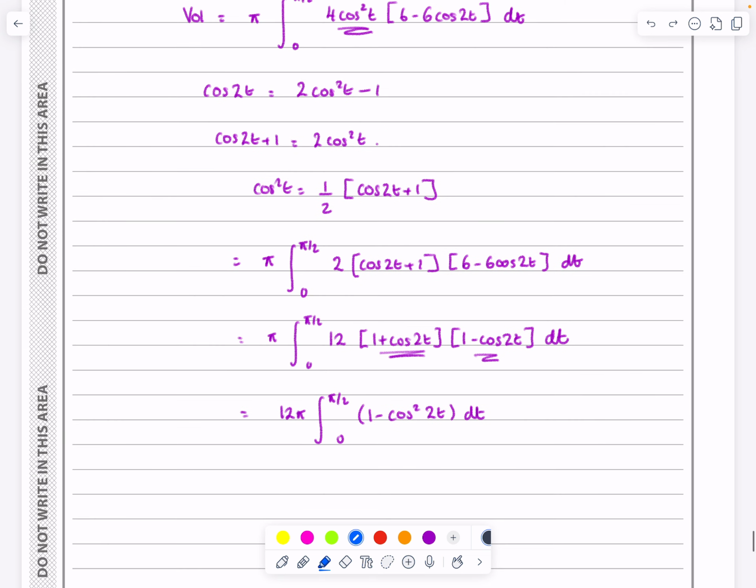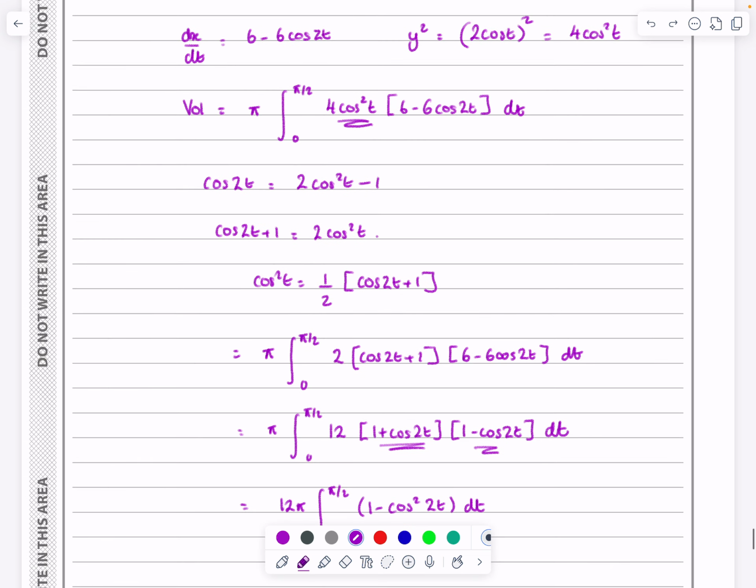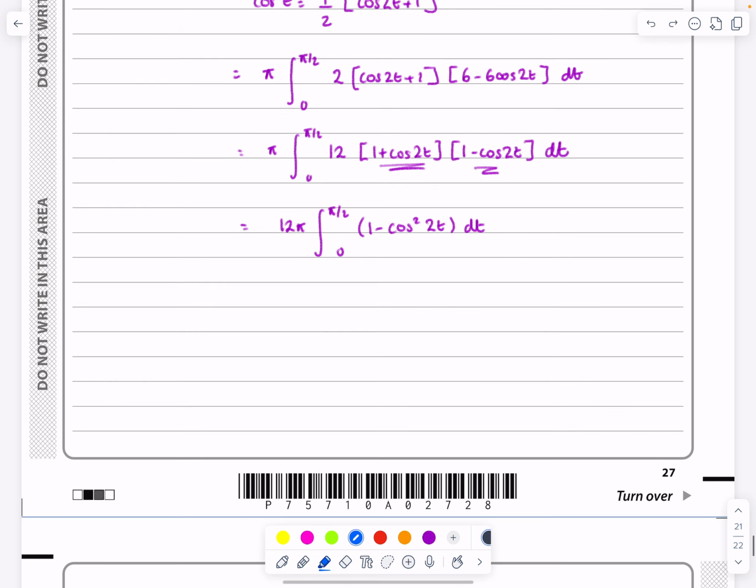I'm basically going to go back up here and say if that's true, then cos squared 2t is half cos 4t plus 1. It's exactly the same formula, but where we've got t, we replace it with 2t. Okay, so I'm going to be using that then.